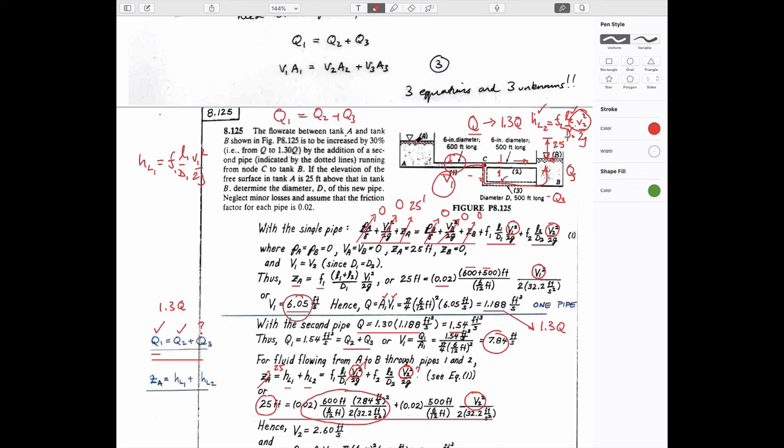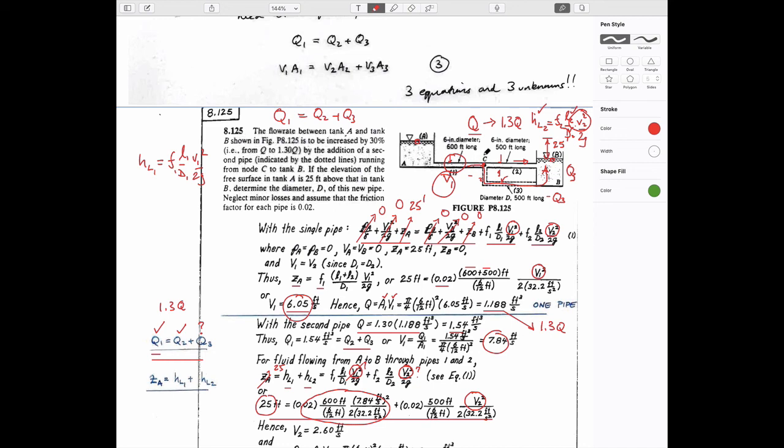Once we have that number, we can calculate the flow in this pipe here, which is known, which is 1.3 times the previous one. Essentially we can calculate the head drop between 25 feet and whatever it is here.